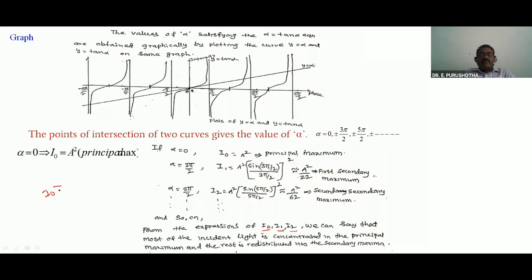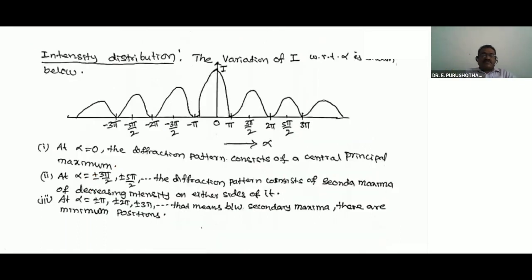I naught is maximum compared to I1, I1 is more compared to I2, and so on. The remaining light is concentrated at I1, I2, I3, and so on, that is the first secondary, second secondary, third secondary maxima. So this is the intensity distribution.